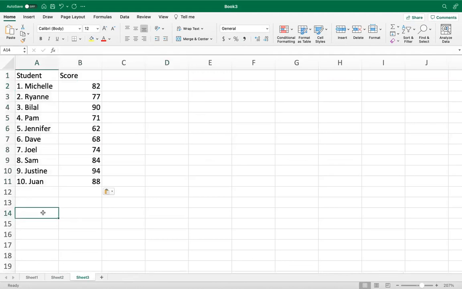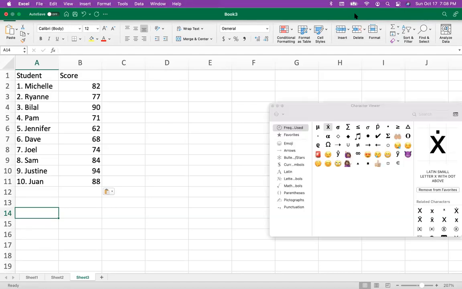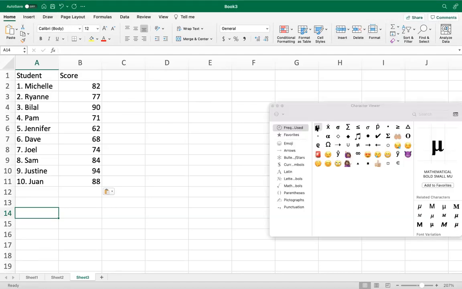So remember, what we're going to look for is the mean and the median. So population mean, because it's the population here. And we're also looking for the population median.